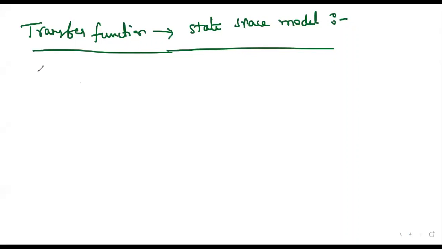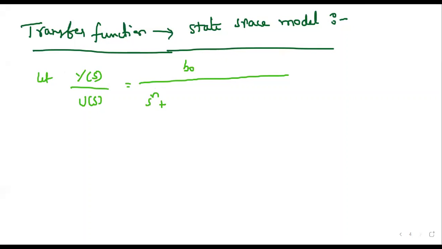Suppose, for example, you take the transfer function of a given system like this. Y of s by U of s is equal to b naught divided by s power n plus a1 s power n minus 1 plus a2 into s power n minus 2 plus and so on plus a n minus 1 into s plus a n.